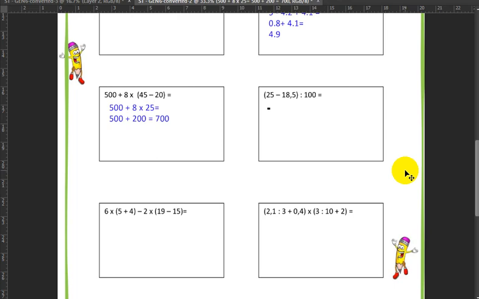Next, we have 25 minus 18.5, which is 6.5, divided by 100. And this is equal to 0.065.